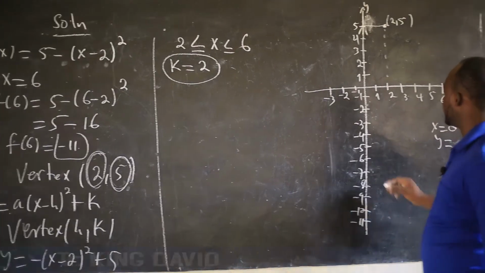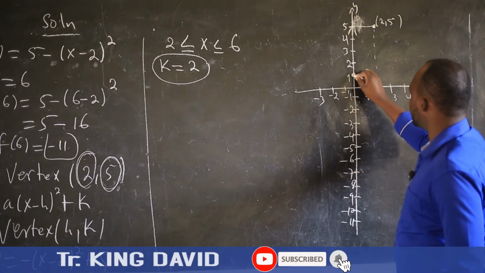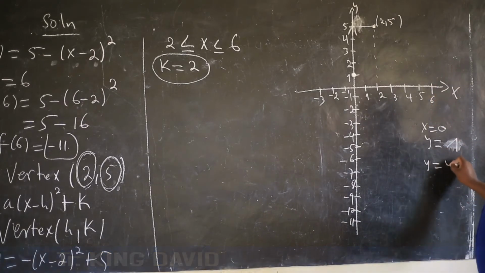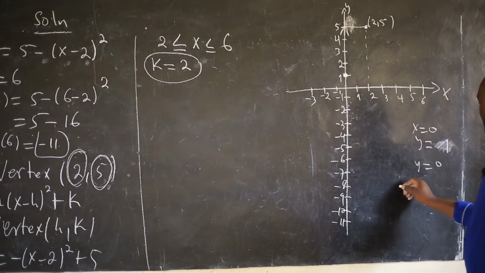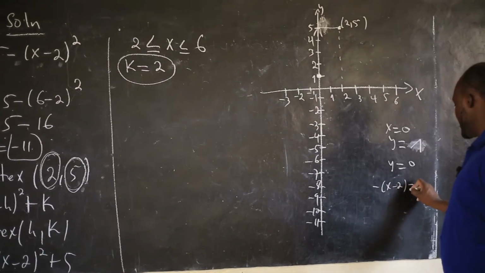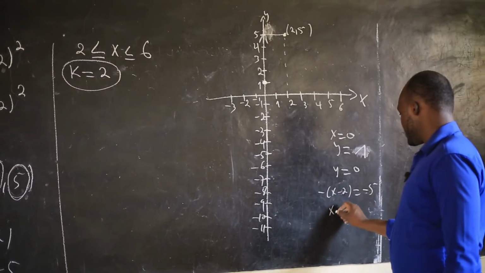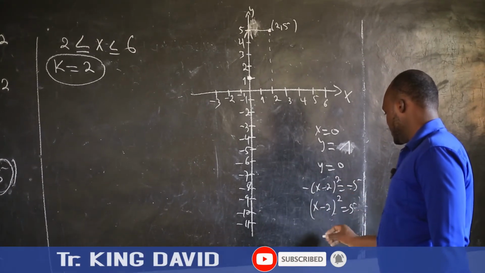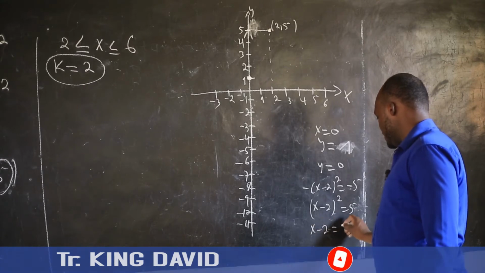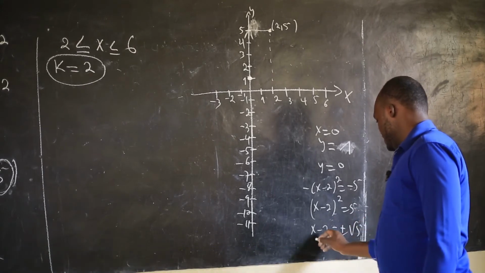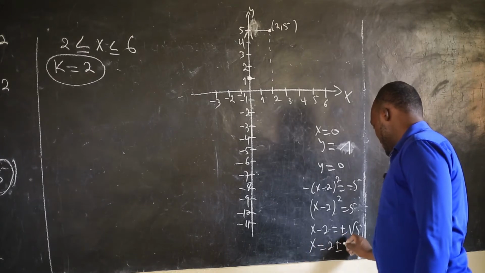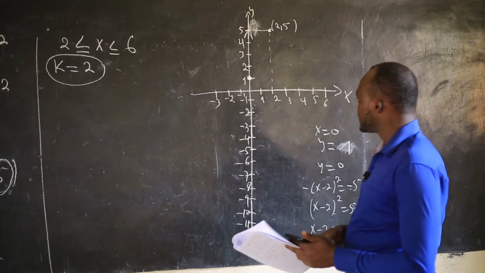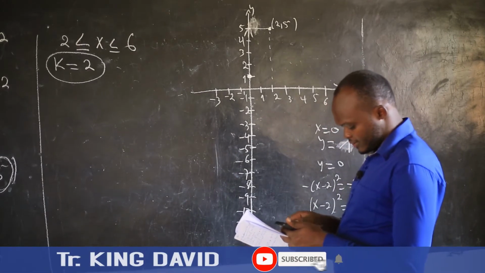So (0, 1), it is here. For y equal to 0, we have negative (x minus 2) squared plus 5 equal to 0. You get (x minus 2) squared equal to 5. So you get x minus 2 equal to plus or minus root 5. So x will be 2 plus or minus root 5. So that is root 5 plus 2.